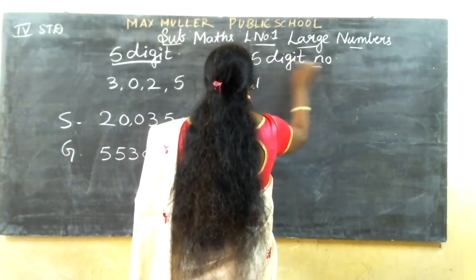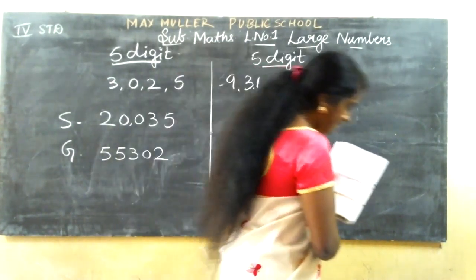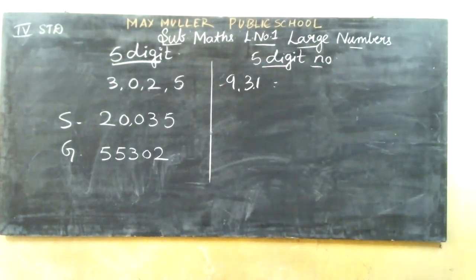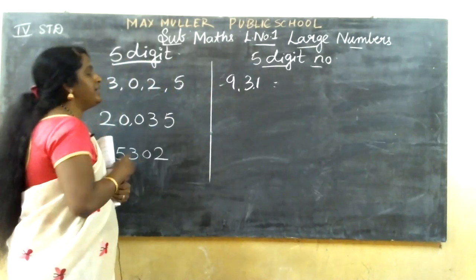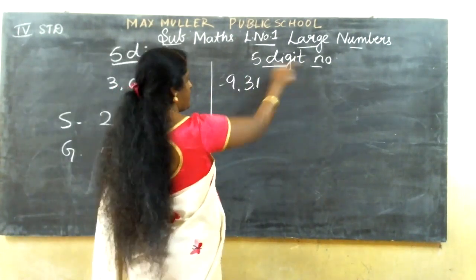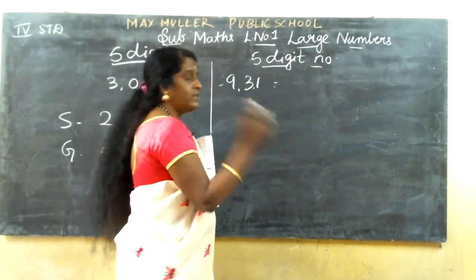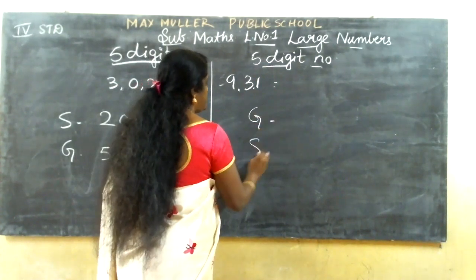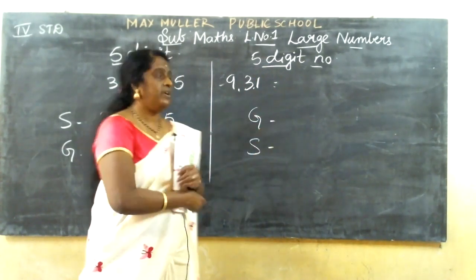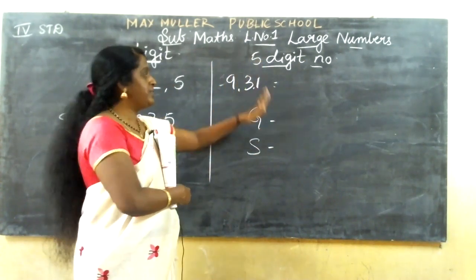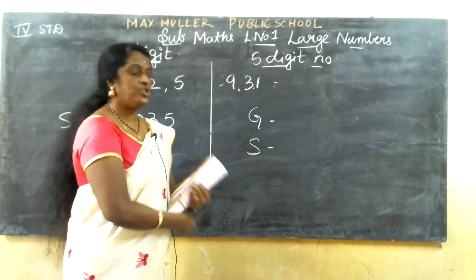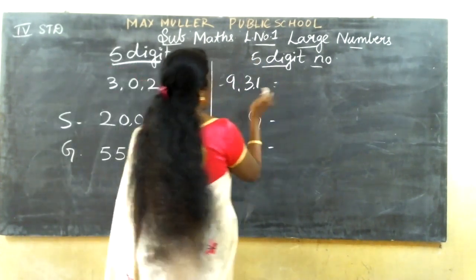Here I have given only 3 digits. So, greatest, smallest, what will you do? I have given only 3 digits, but I want the answer in 5 digits. Greater means big number. What you should do? Greater means I want 5 digits.